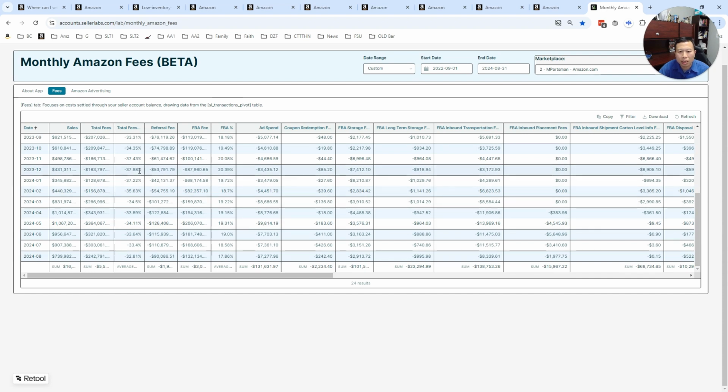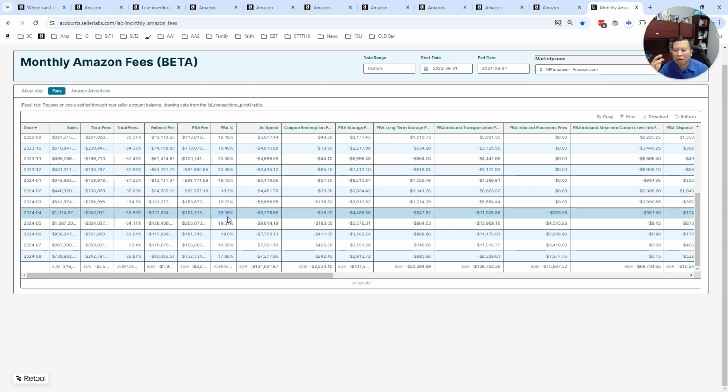You can also see the total referral fees get quite high because of all the other fees they charge, so you want to keep an eye on this to make sure they're not out of control. Looking at this, since April, it didn't seem like there was much of a noticeable change in FBA percentage because the amount I'm having to pay at this point is relatively small.